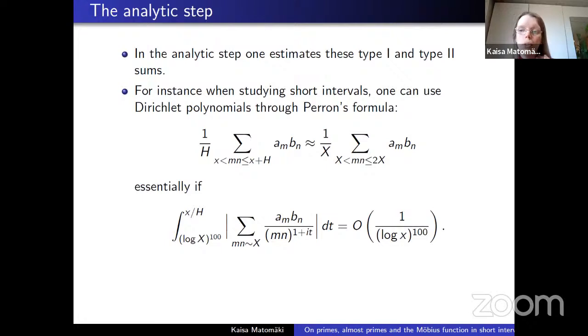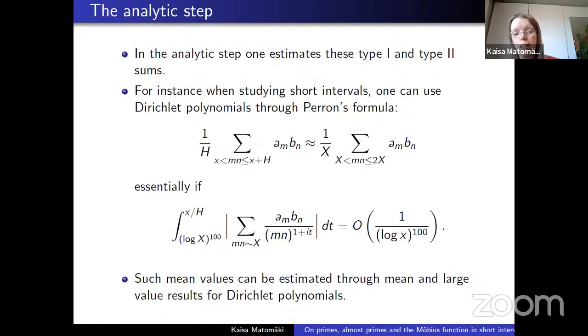And by contour integration that I described when I showed how the primes are related to the zeta function, we can do a similar contour integration here to spot this condition that mn is between x and x plus h, and we end up studying the mean value of corresponding Dirichlet polynomials, like here. And these mean values can be estimated through mean and large value results for Dirichlet polynomials.